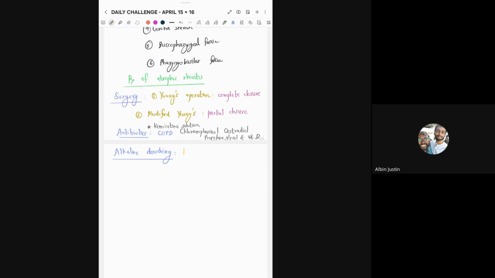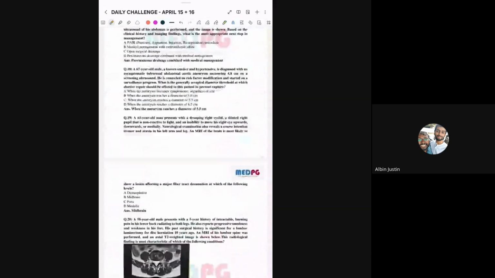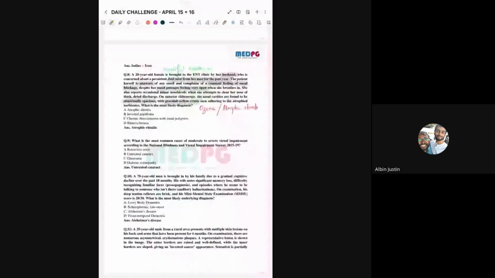You do sodium chloride plus soda bicarb plus sodium biborate in the ratio 2:1:1 in distilled water. So this is alkaline dowsing. Okay. Hope this concept is clear. Atrophic rhinitis is a very important area. That's why we discussed this much.